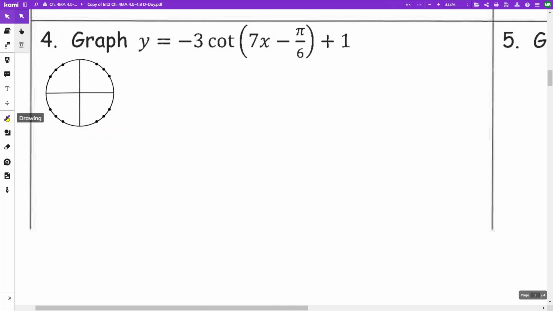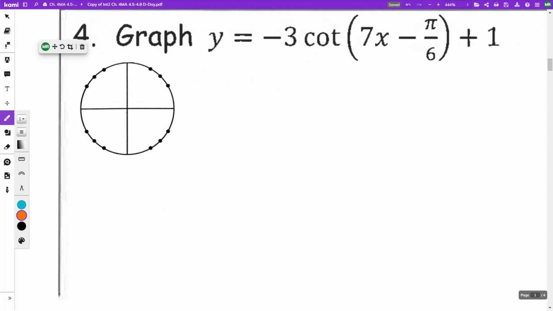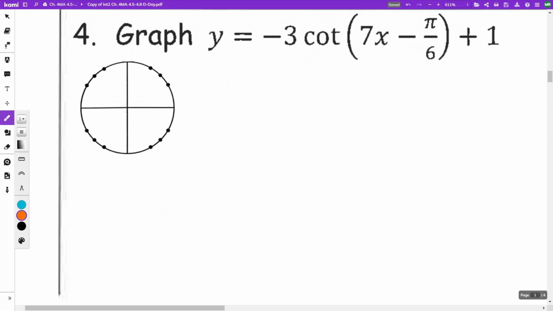Okay, so when I'm thinking about tangents and cotangents and secants and cosecants, I know that I have asymptotes. So remember, a cotangent of an angle is your cosine over sine, but it's also your x over y.